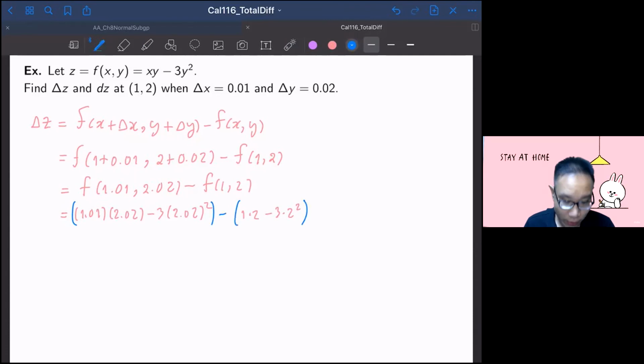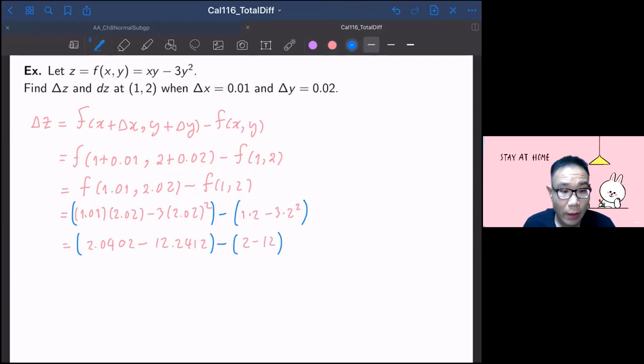You may have to take out a calculator to do this one. The first part gives you 2.0402, minus 3 times 2.02 squared, which turns out to be 12.2412. This is the first parenthesis, and you subtract this number, which is simple: 2 minus 12.